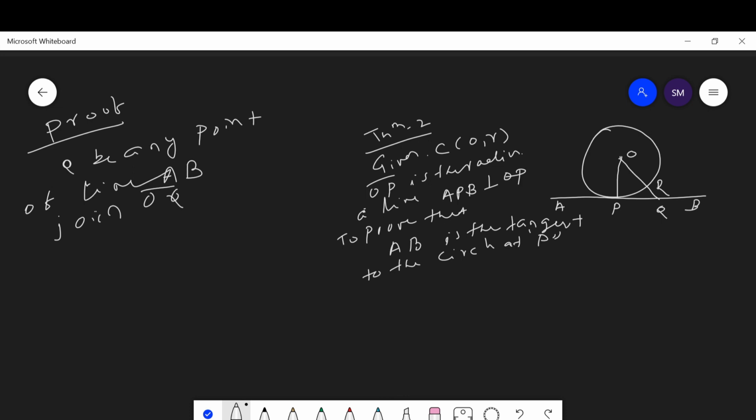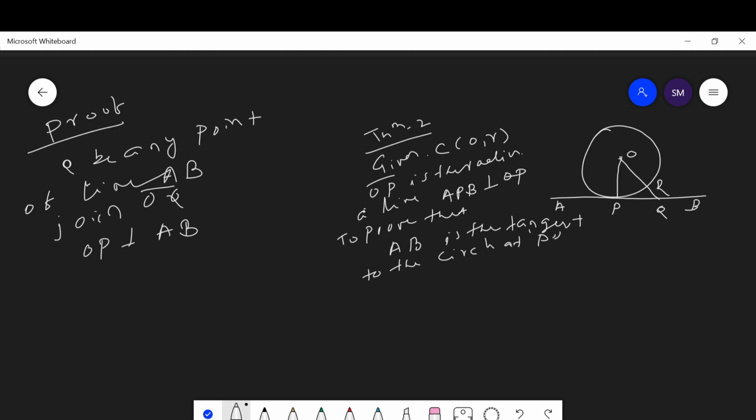Here it is also given that OP is perpendicular to AB. This means among all line segments which join O to a point on the line AB, OP is the shortest distance.